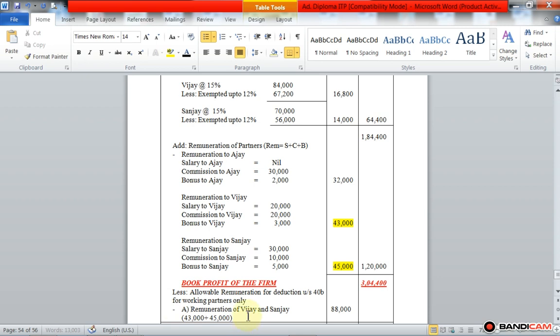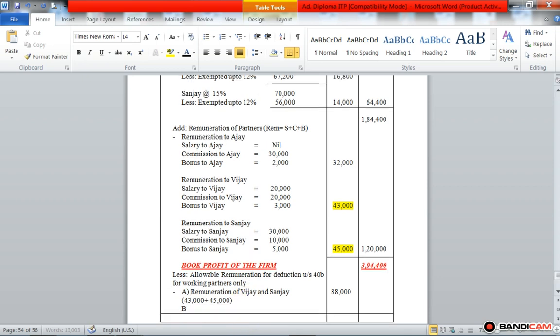Then part B is 90% of book profit, that is 3,04,400 into 90 divided by 100.